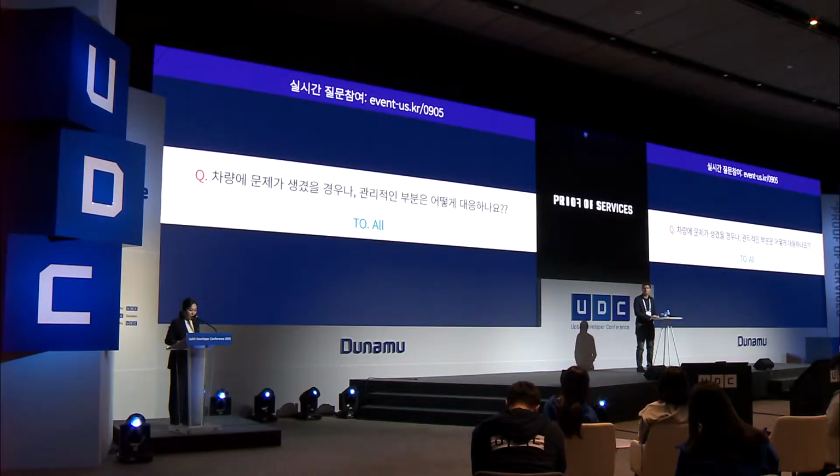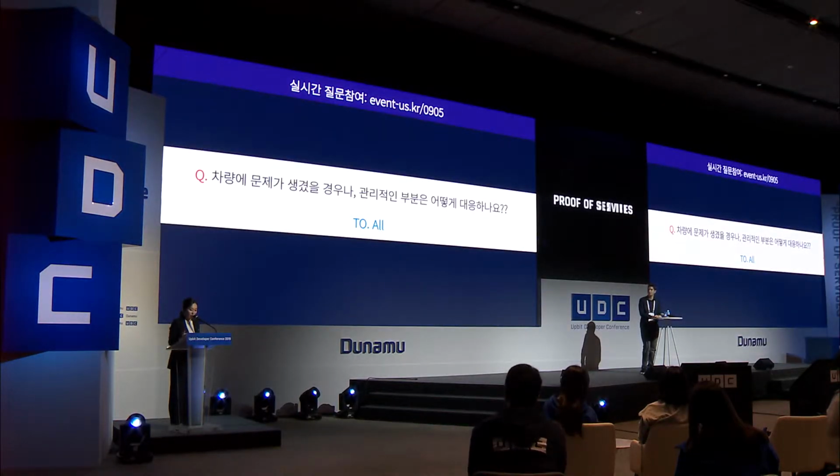The next question is, when there is an issue with a vehicle in regard to operation or management, how can we deal with it? It's quite easy because the mobility provider is still in charge of their asset, the car itself, and the rental provision.